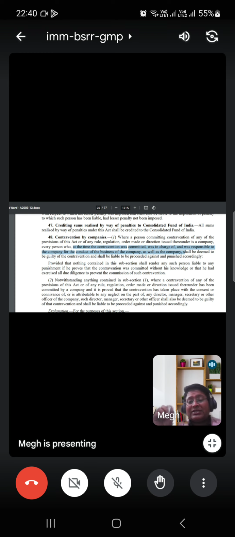Wherever you will find the words shall be deemed to be, that means it is a legal fiction. Legal fiction means fiction, and fiction and non-fiction, you may read both kinds of novels and books. So fiction means that it is artificial, it is the creation of law. Actually it is not, but law presumes it to be. In law, if anything is done by any person on behalf of the company, it will be presumed that it is done by the company.